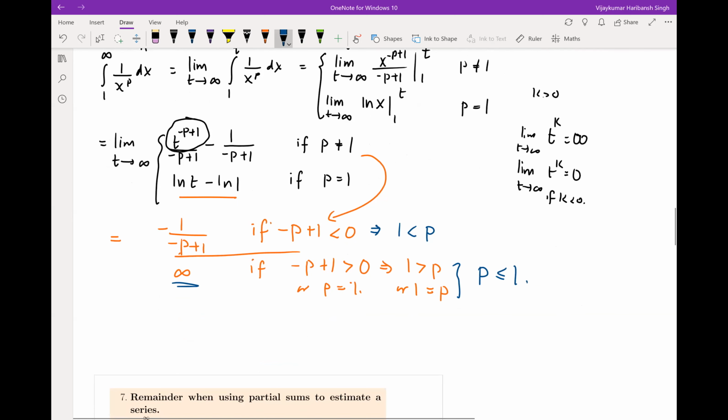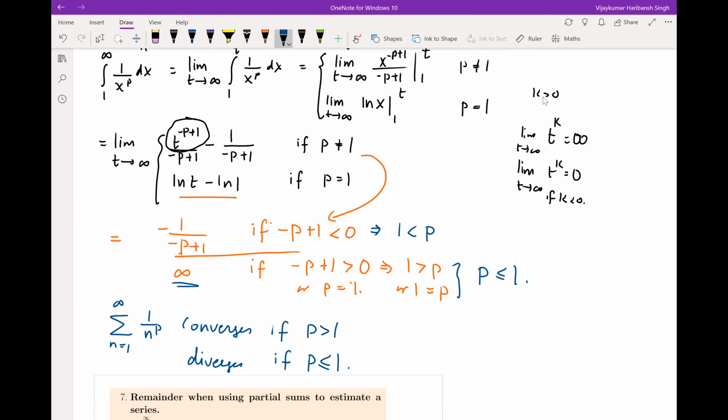So we get the p series test: the summation of 1 by n to the power p converges if p is greater than 1, and diverges if p is less than or equal to 1. So this is called the p series test.